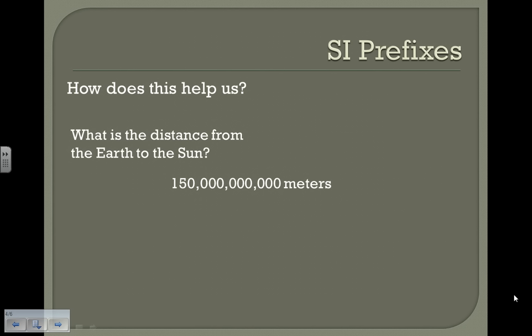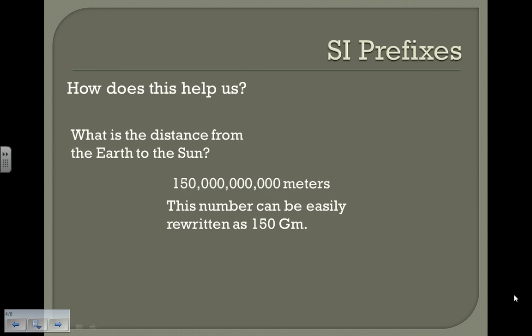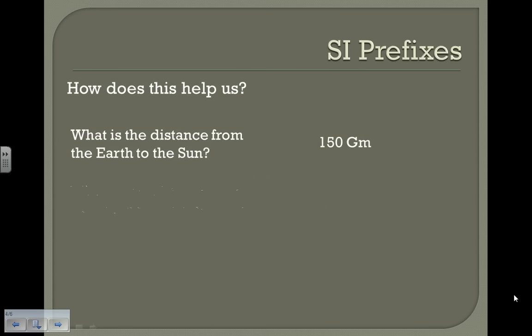So instead of saying 150 billion meters, a number so big that we don't understand what 150 billion of something is, let's write it as 150 gigameters. 150 is something that we can easily understand. 150 is about one of the grade levels at Collingswood High School, about 150 to 200 people per grade level. So that's a number we can kind of understand. That's why we use prefixes.